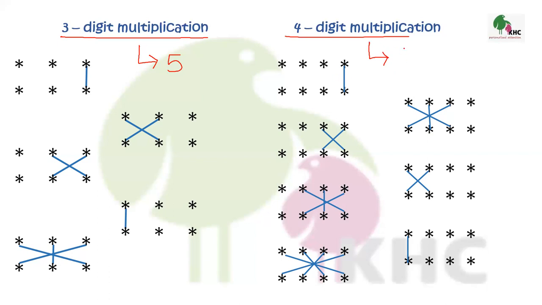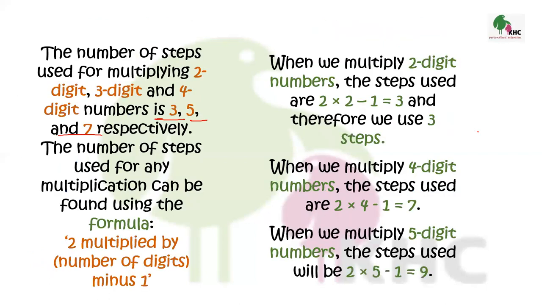The number of steps used for any multiplication can be found using the formula 2 multiplied by the number of digits minus 1. This is the formula we can use to find out the number of steps involved.